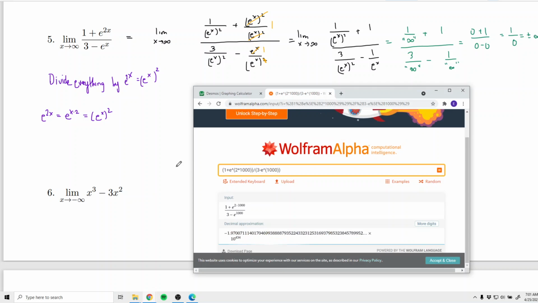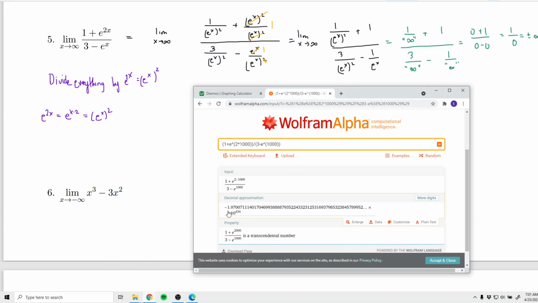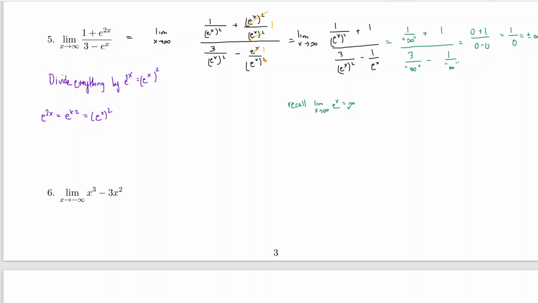Now, because I chose such a big number and these are exponential, it's going to be a huge number. But the main thing you want to notice, in scientific notation, is that it's negative. This is a negative number, which means it's going to be negative infinity. Okay, so this limit is negative infinity.